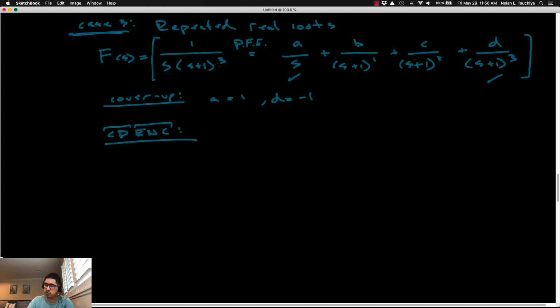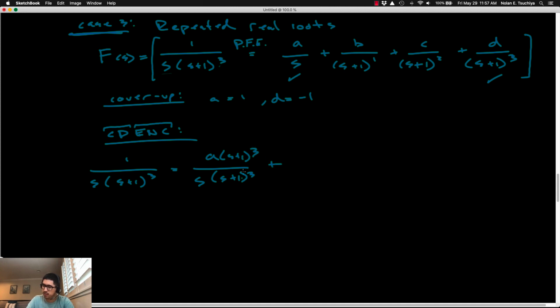Okay, so let's do the first part, which is get common denominators. It's not fun, like I said. On the left-hand side, we have 1 over s times s plus 1 cubed. On the right-hand side, we have 4 terms. Okay, A over s, but if I want this common denominator, I need to multiply top and bottom by s plus 1 cubed.